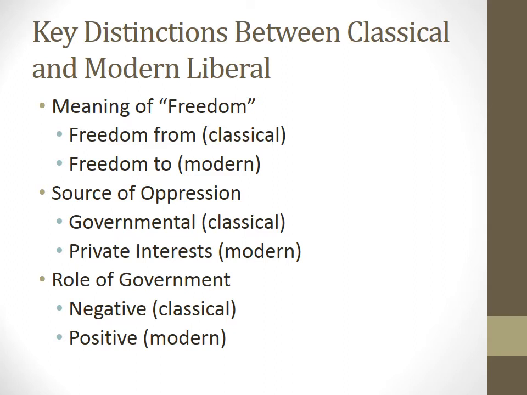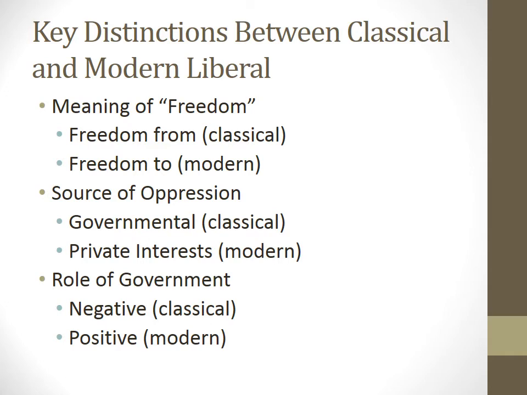That's a freedom too. The right to pursue a higher education, the right to pursue job training, or the right to pursue a small business. These are all freedoms too, and the modern notion says government can actually help you on that.